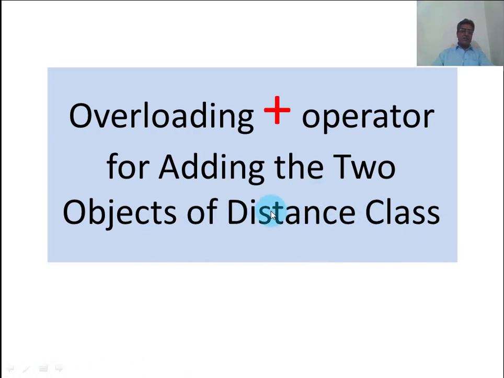So d1 can be measured with feet and inches, and likewise d2 and d3. We can perform addition on two distances, and the result can be stored in a third distance. All these operations we discussed in our lecture number 5 during the class sessions.